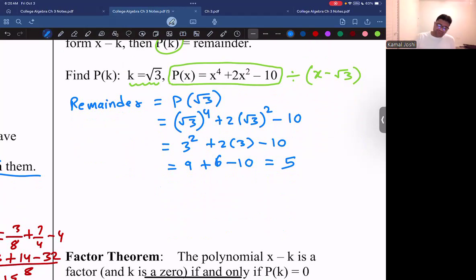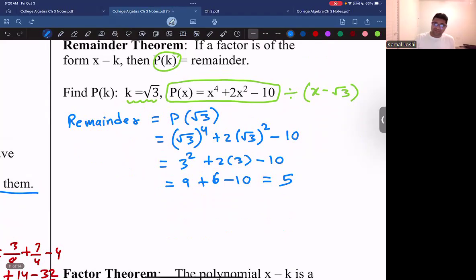And can we verify it? Let us do it. Use synthetic division on this polynomial with that x minus root 3 as the factor and verify that your answer is matching. Okay. It will be a fun exercise because there is root 3. So you will have an interesting time doing all that division algebra.